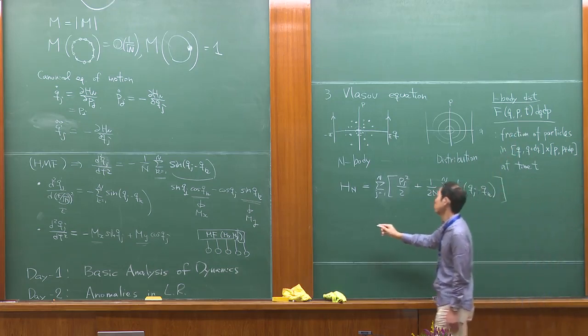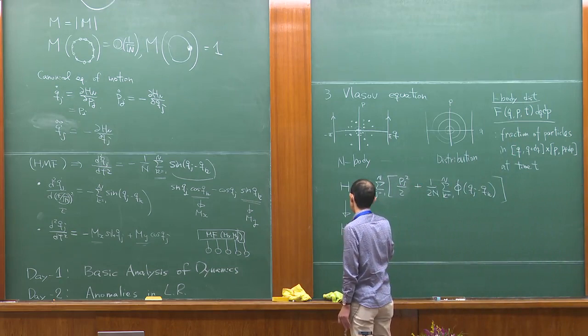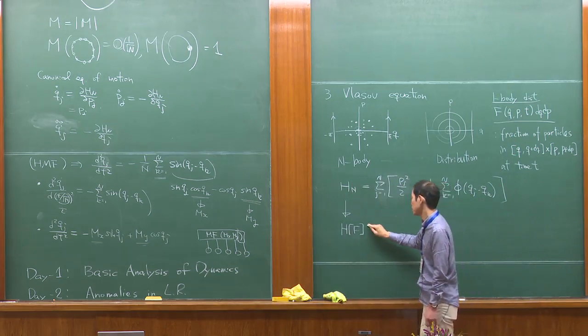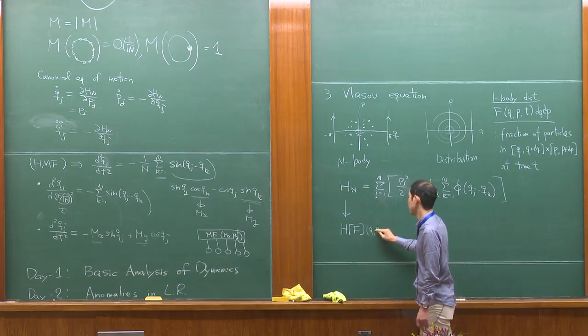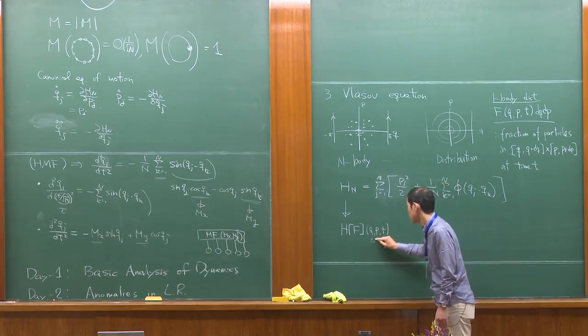So we consider an F-dependent Hamiltonian depending on q, p, and t. And this one is one dimension.